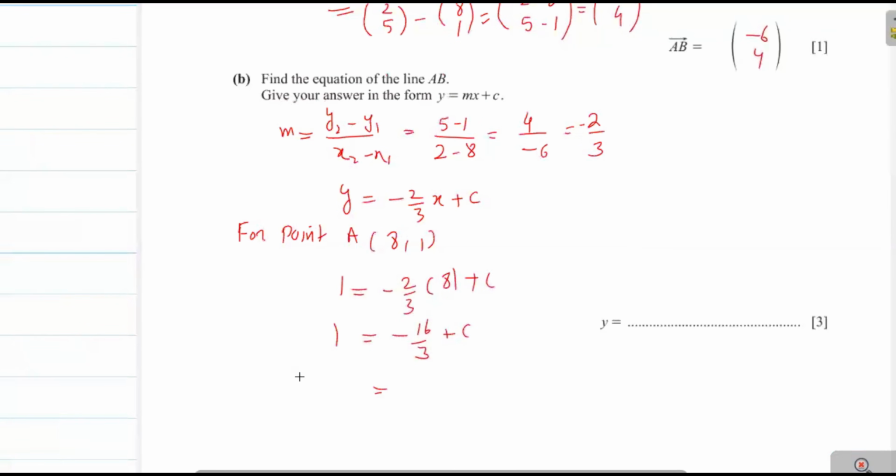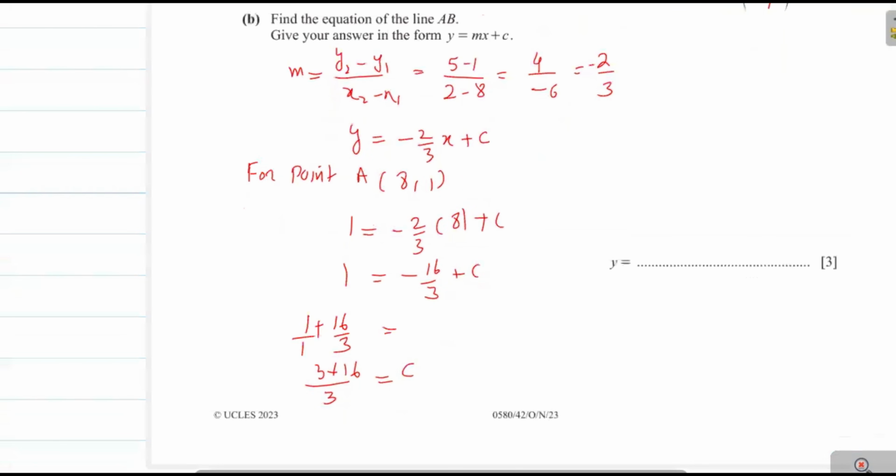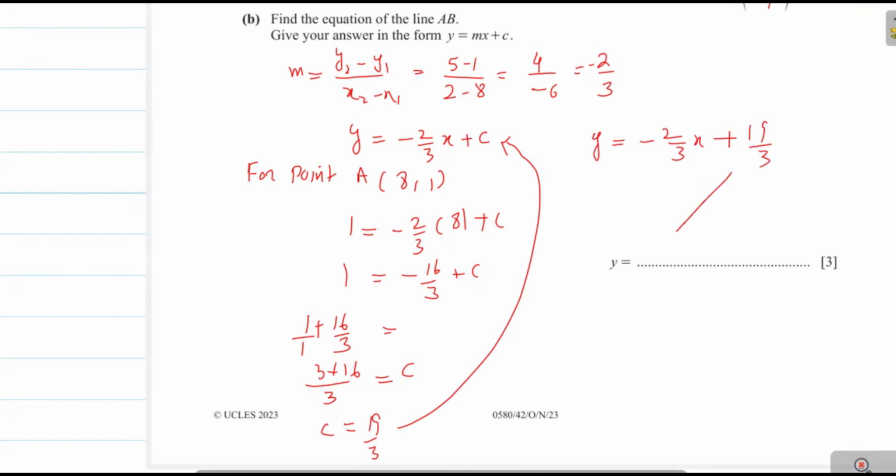So 1 plus 16 over 3, which we can write as 3 plus 16 over 3, equals c, and this is 19 over 3. Now we substitute this value in the equation, and we get y equals minus 2 over 3 x plus 19 over 3. This is the equation of line AB, and this is the answer.